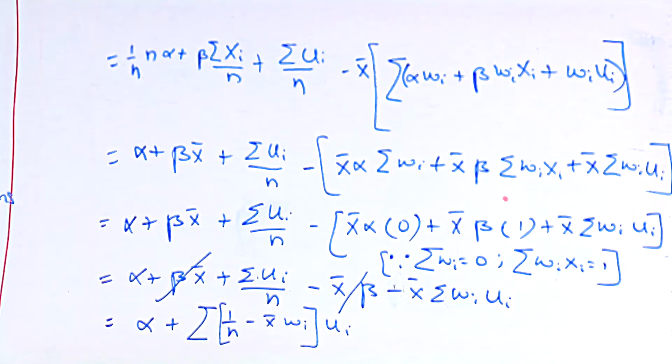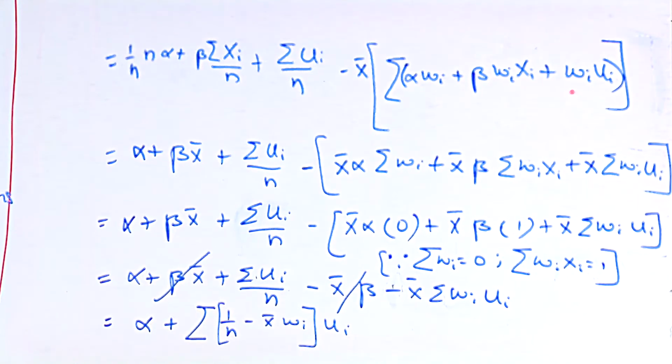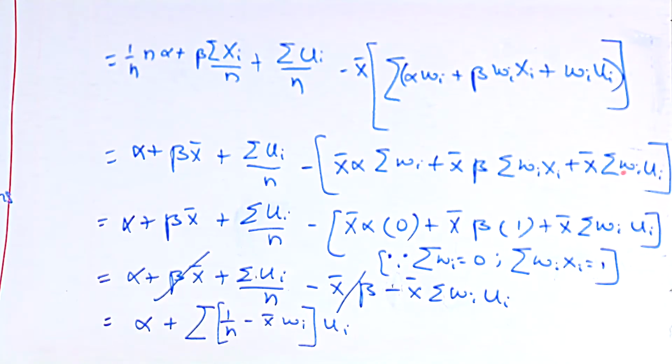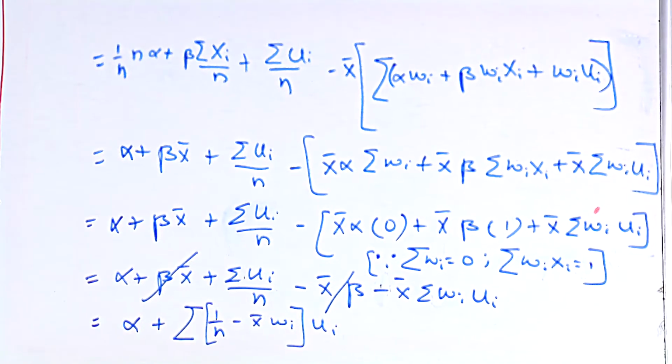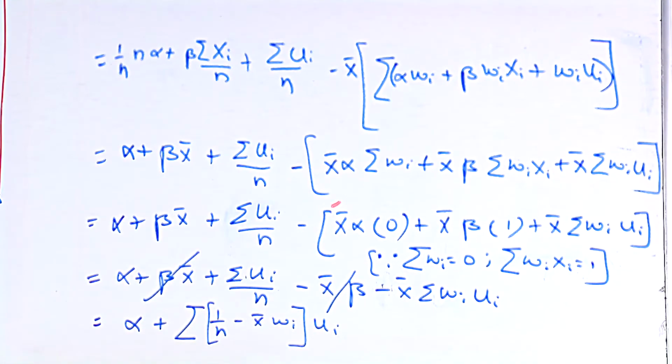So x bar beta into, inside, sigma Wi capital Xi, plus x bar is there outside, and you get sigma Wi ui inside.